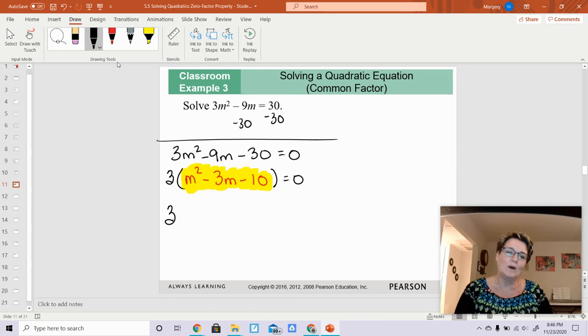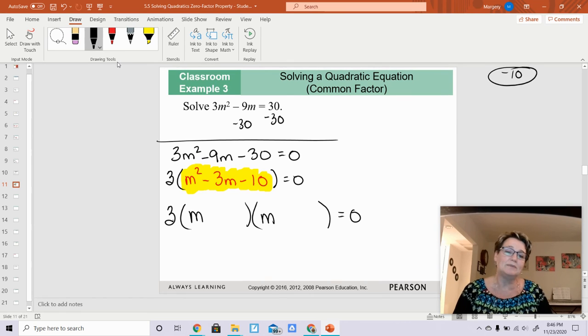Now, because there's a 1 right here after I factored out a 3, I don't have to use the AC method. I could use the shortcut method. The only way to get m squared is m times m. I have a negative 10. I need to find two numbers that when multiplied together give you negative 10, but when added together give you negative 3.